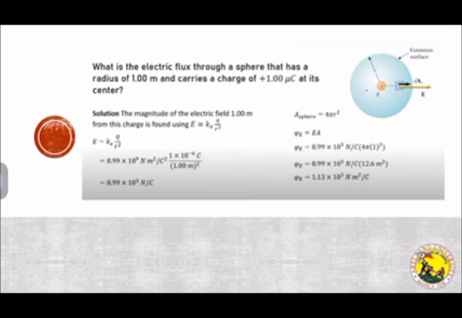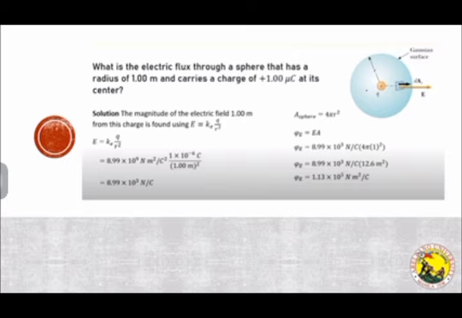The field points radially outward and is therefore everywhere perpendicular to the surface of the sphere. The flux applies to the sphere, whose surface area is 4 pi r squared. So we will use here the formula electric flux is equal to electric field multiplied by area.